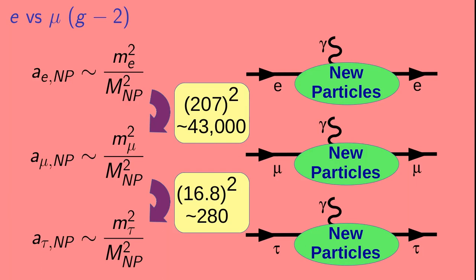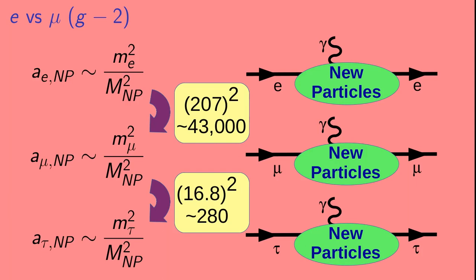This means that we would expect the new physics contribution to A mu to be 207 squared times as large as the new physics contribution to AE. And 207 squared is about 43,000. So basically this means that typically we would expect the new physics contributions to A mu to be about 43,000 times as large as the new physics contributions to AE.